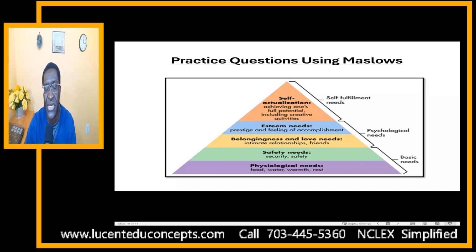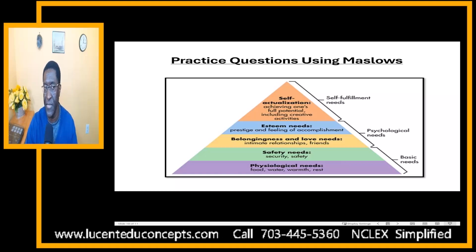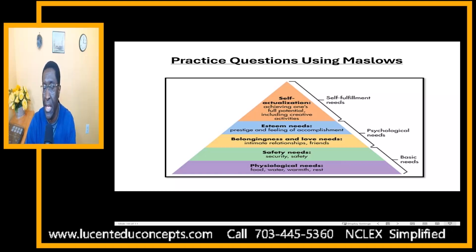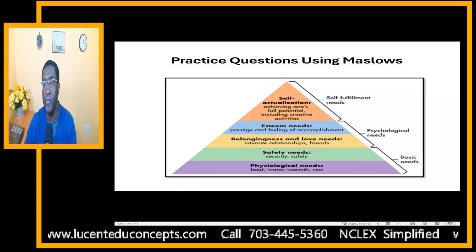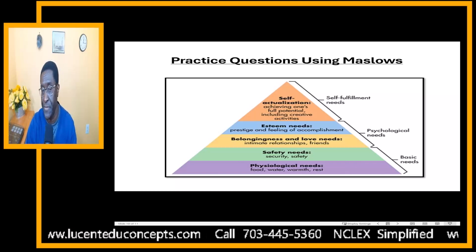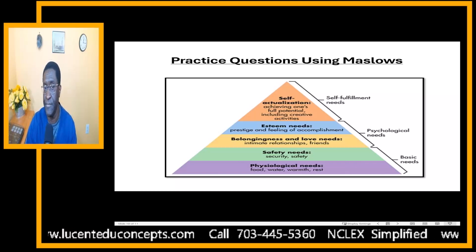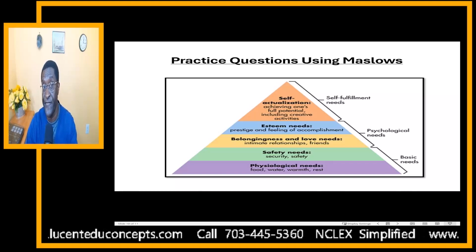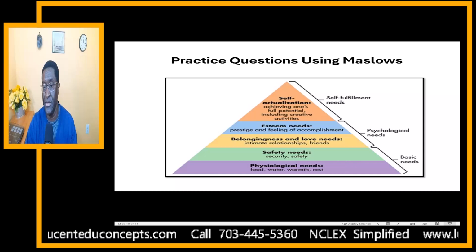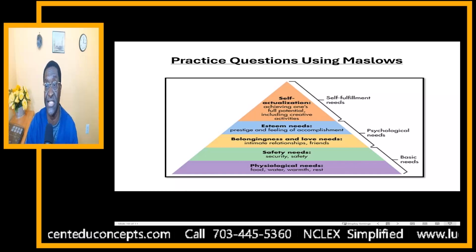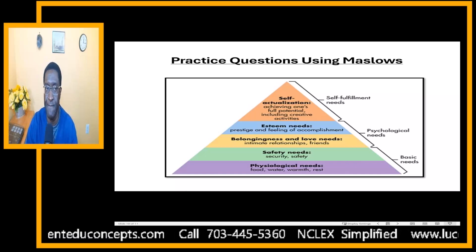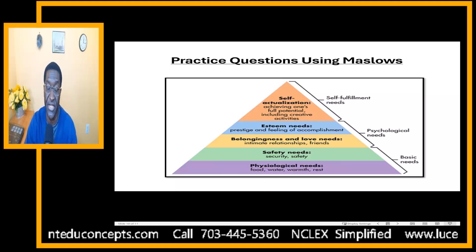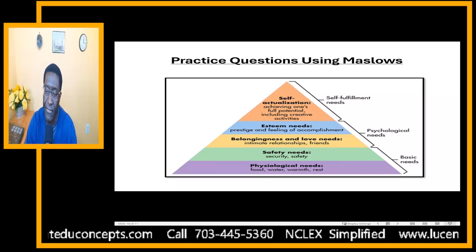So when you are answering an NCLEX question, especially with priority, you always want to bring Maslow's into the picture. You want to bring Maslow's into the picture and you answer that first. So we have safety as the second level, which is security and safety.